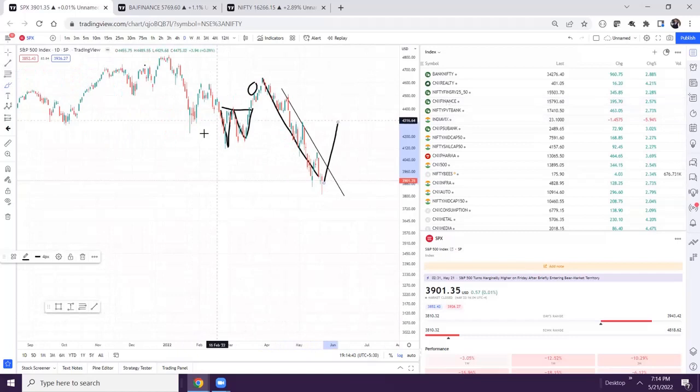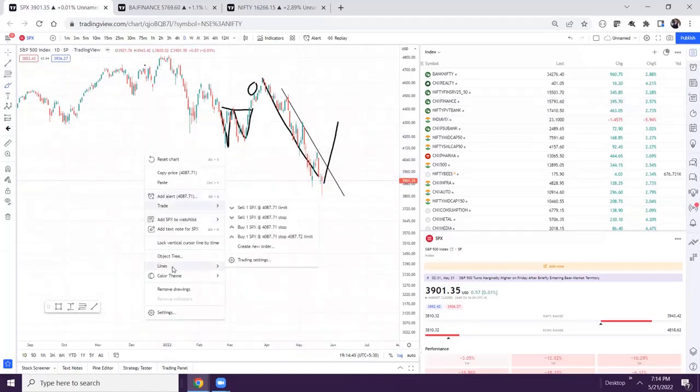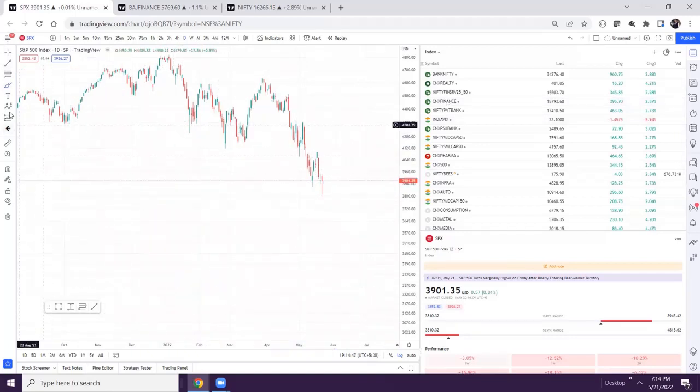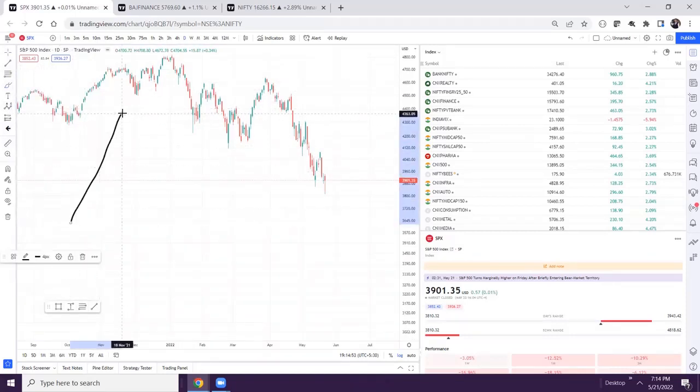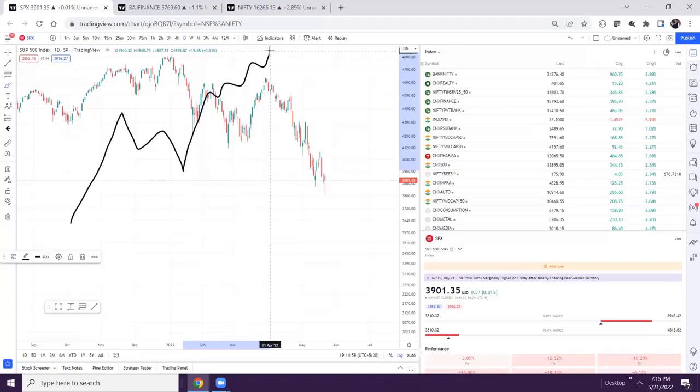No, not A. Let me discuss: after 1, 2, 3, 4, 5 in an uptrend, we get an ABC in the downtrend, and then again 1, 2, 3, 4, 5. So what is the best place to enter? After ABC. And how do you know that C has ended?